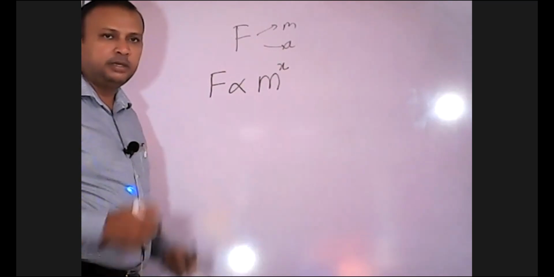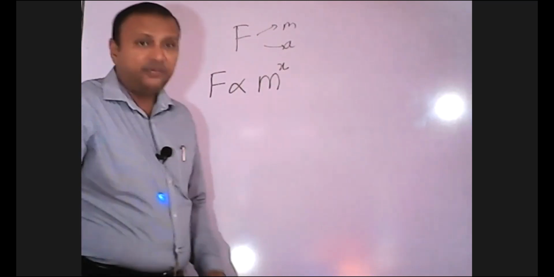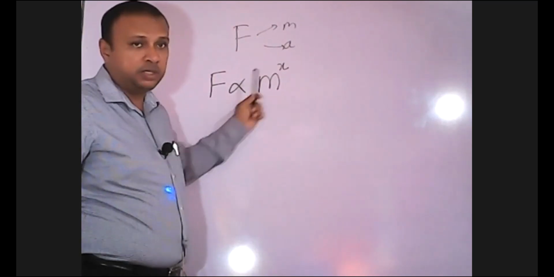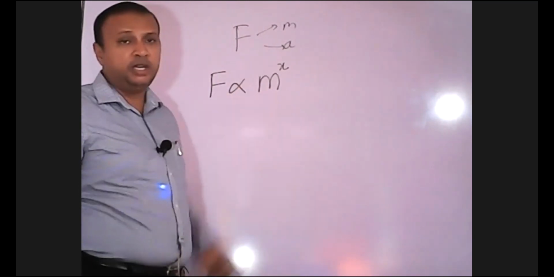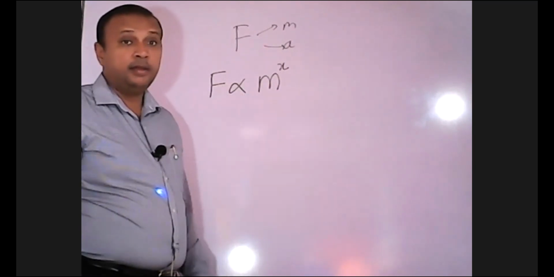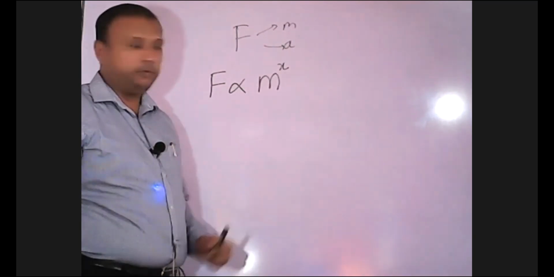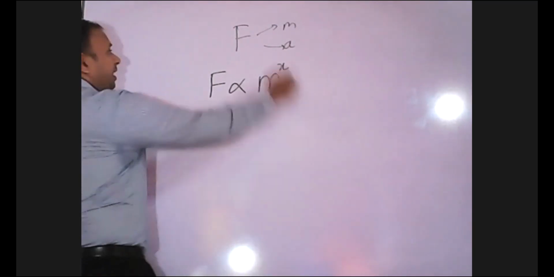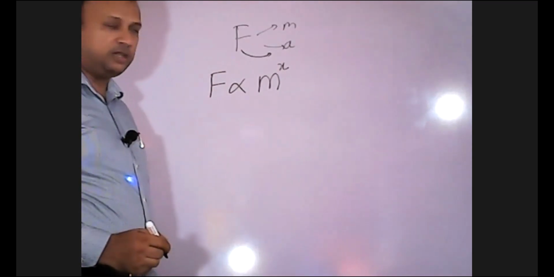That can happen, no? Because it is given that F depends on M. F depends on M means F can be directly proportional to some power of M. The power should be determined. If I can determine the power, then we can say the way of proportionality between F and M. Then we are given F depends on acceleration too.